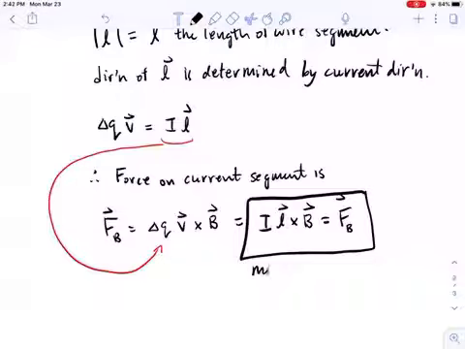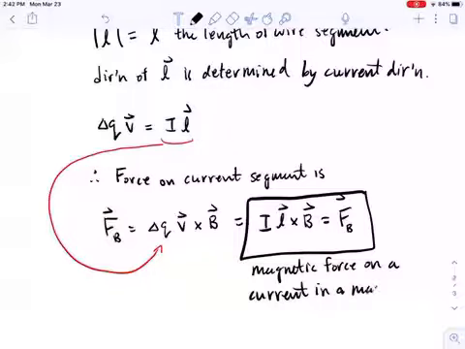So this is the magnetic force on a current in a magnetic field.